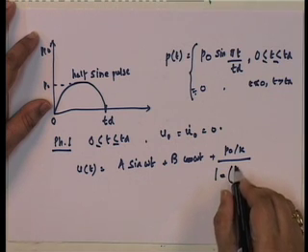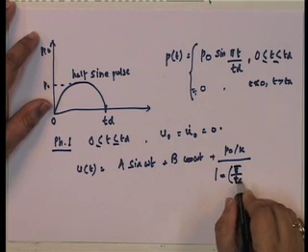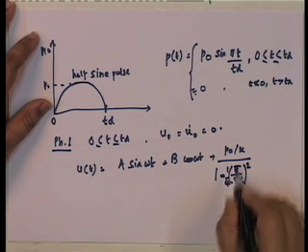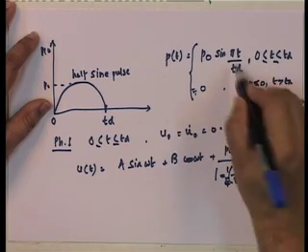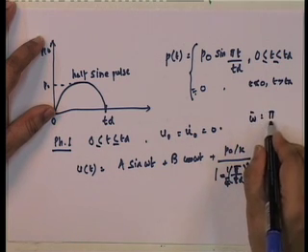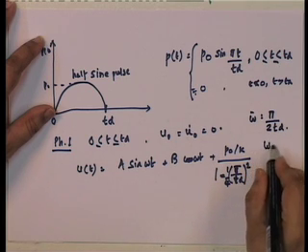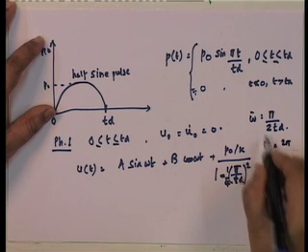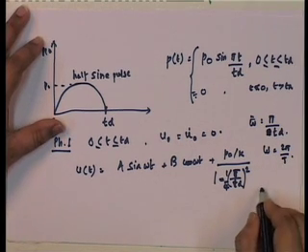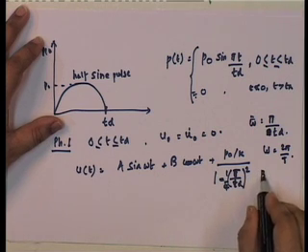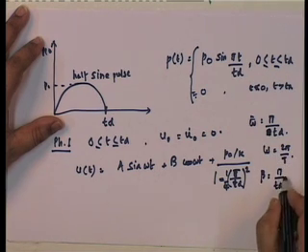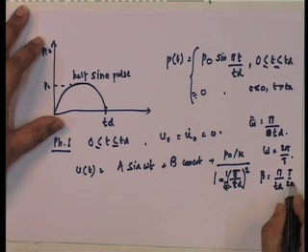Omega bar is pi upon T d, and omega is 2 pi upon T. So beta is equal to pi upon T d upon 2 pi upon T, which becomes T upon 2 T d, the pi cancels.